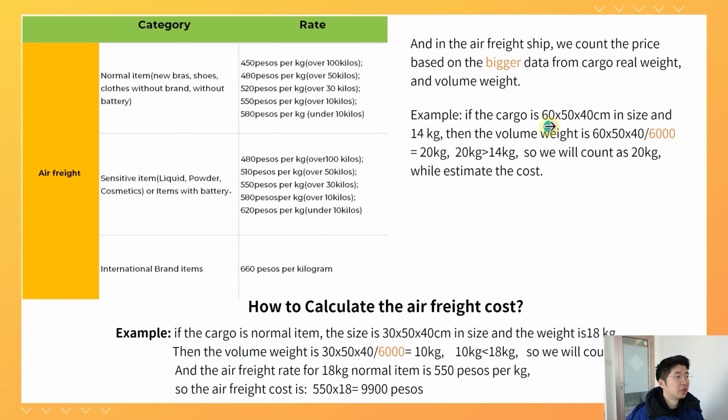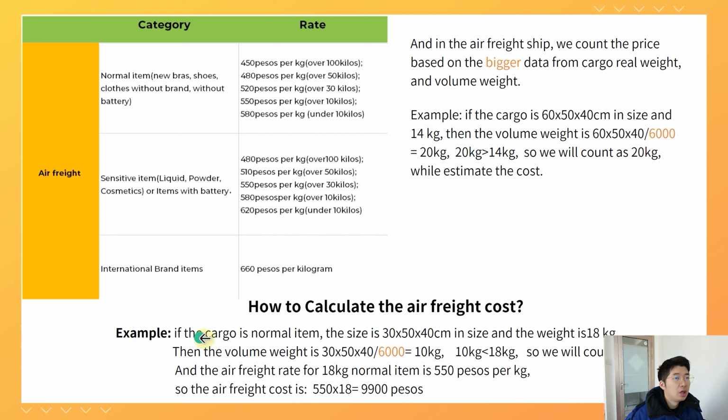If the cargo is 60 multiplied by 40 multiplied by 50 centimeters in size and the real weight is 14 kilograms, then the volume weight is 60 multiplied by 50 multiplied by 40 divided by 6,000, which equals 20 kilograms. And 20 kilograms is bigger than 14 kilograms, so we will count it as 20 kilograms when estimating the air freight cost. Now, let's see how to calculate the air freight cost.